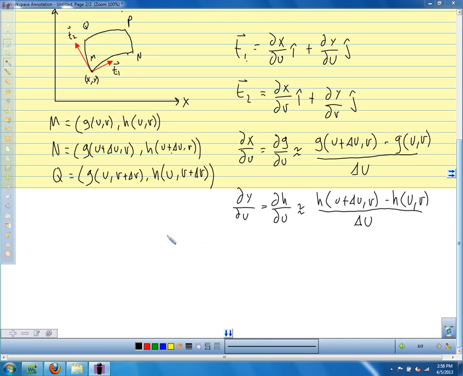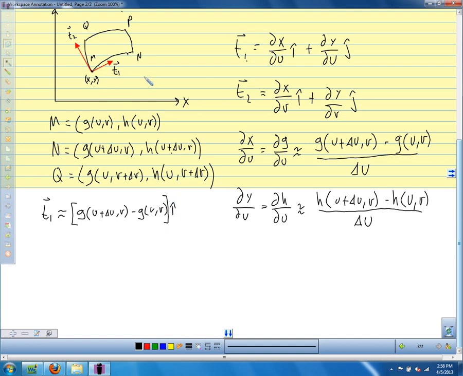t1 is approximately, looking at the coordinates, equal to the change in the x coordinate, which is g of u plus delta u comma v minus g of u comma v, i. That's my x component.